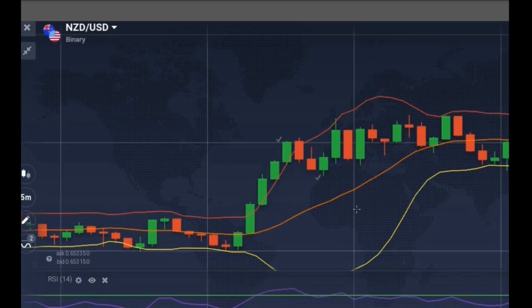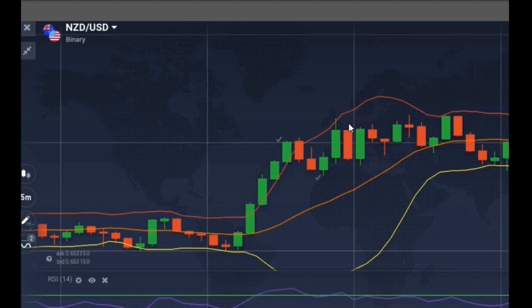You can see over here the divergence had formed here and the confirmation candle confirmed the divergence. This red candle indicates strong bearish momentum. It tells us that the sellers are in control.